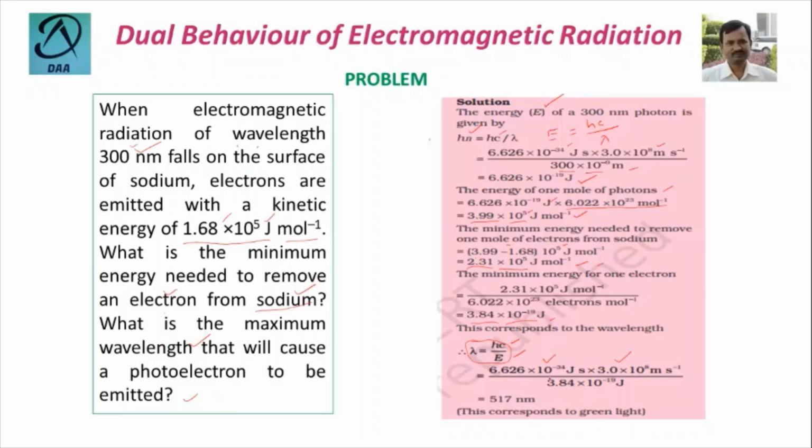So you have to divide the whole by 3.84 multiplied by 10 to the power minus 19 joule. So ultimately the lambda, that means the maximum wavelength, after calculation will be 517 nanometer, and this 517 nanometer wavelength is related to the green light.